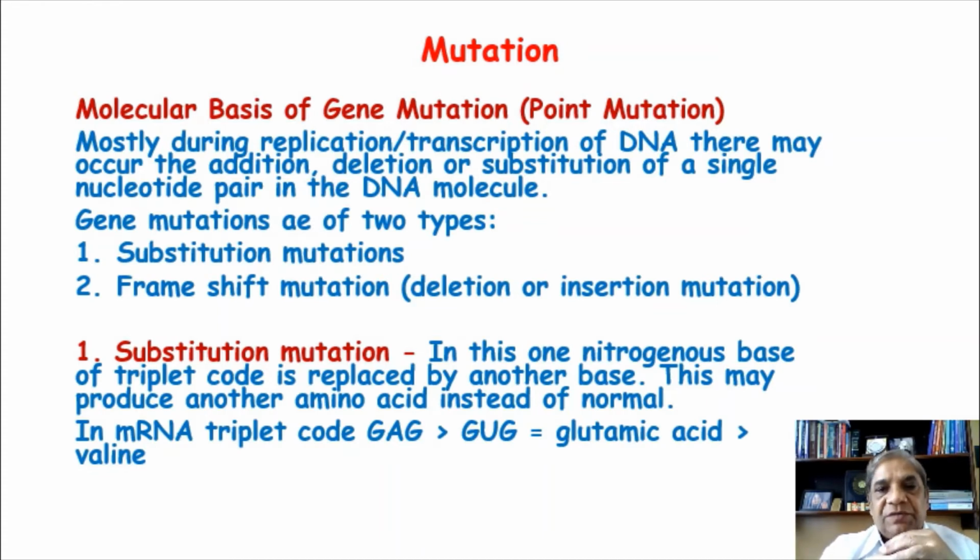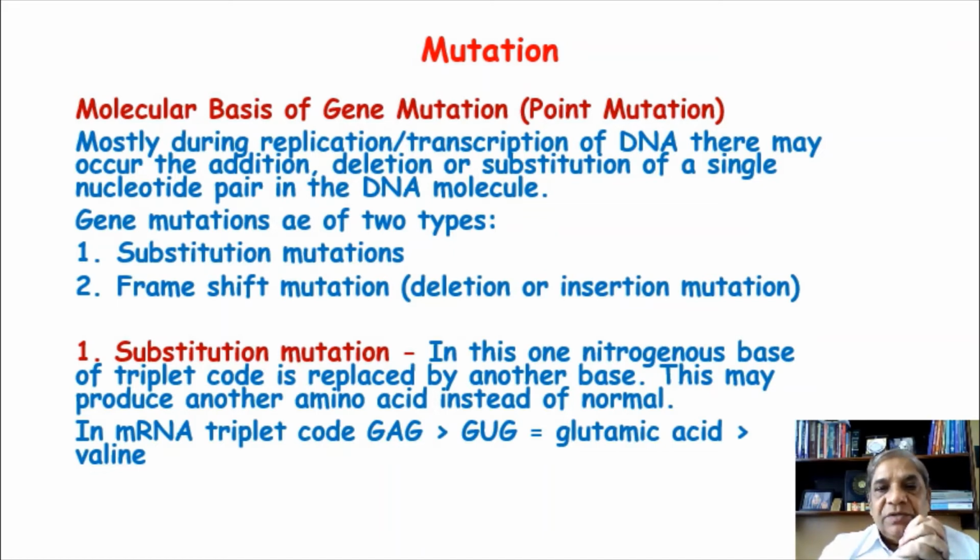You must have learned that the triplet code is formed by three nitrogenous bases arranged in sequence. Three nitrogenous bases code for one amino acid, and there are different codes for different amino acids. This is called the triplet code.